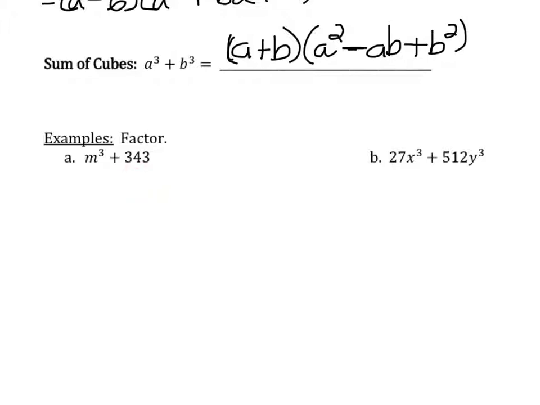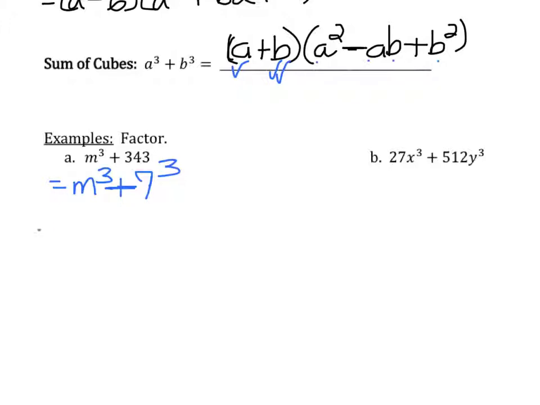And so one way to write this is to write it as m cubed plus 7 cubed. All right, and when I write it that way, my m goes in the place of a, and my 7 goes in the place of b, in all of these places in this formula here.